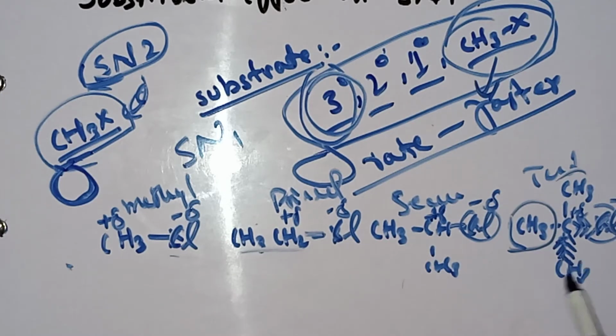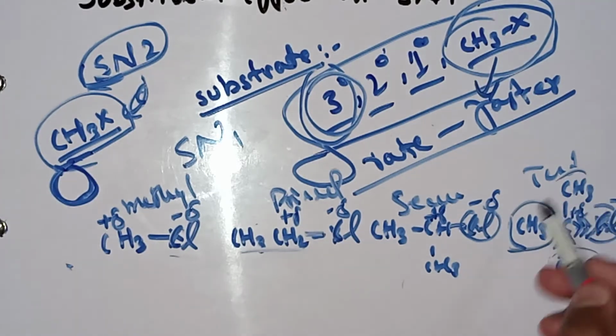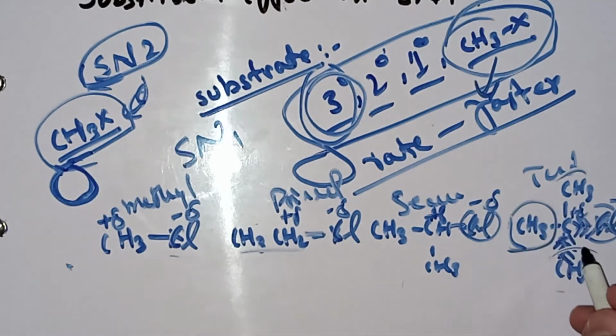In each case there are different alkyl groups attached to the alpha carbon, the electrophilic carbon. The more alkyl groups there are, the more they increase electron density on the partial positive charge, meaning they stabilize it. When it becomes more stabilized, the chloride ion leaves more easily, because electron density increases toward the electrophilic carbon.